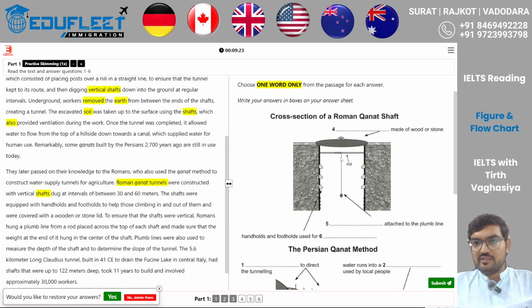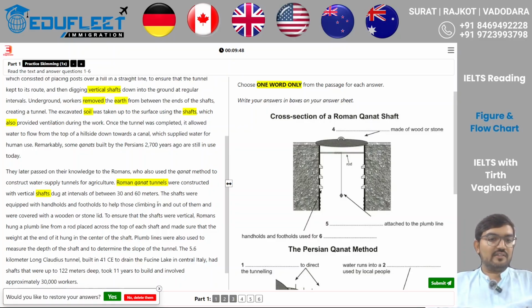Then we have this string, and along with string there is some weight. Okay, and this is the rod on which this string is tied. Okay, attached to a plumb line. So this is your plumb line. As we know, we have to identify what is attached to this plumb line.